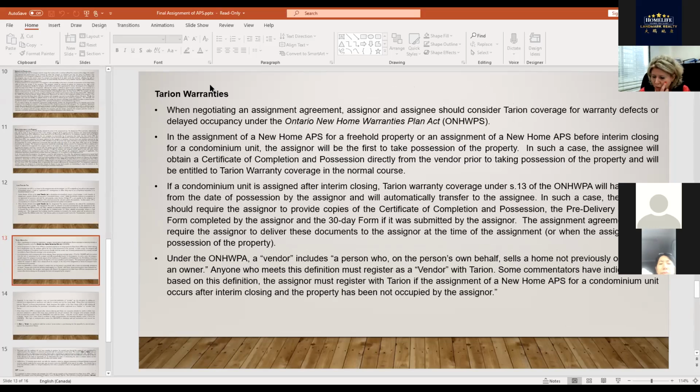Why? You are fully aware that these warranties start from the occupancy date. So what's going on? If I take possession tomorrow, okay?